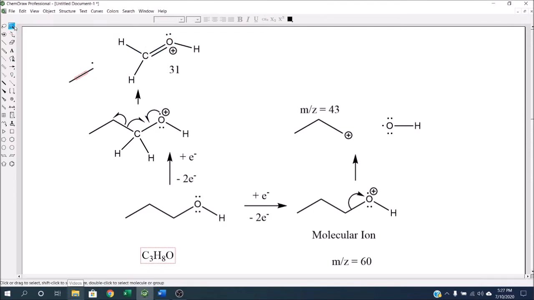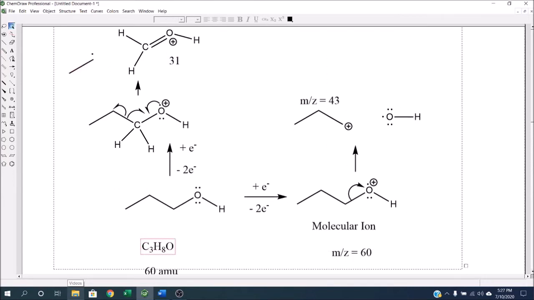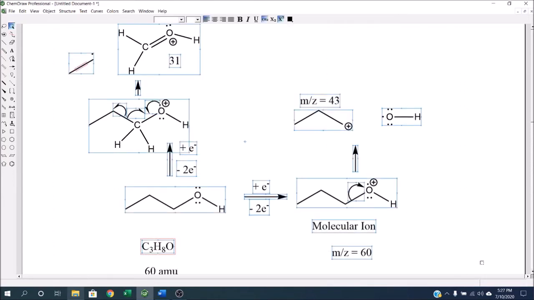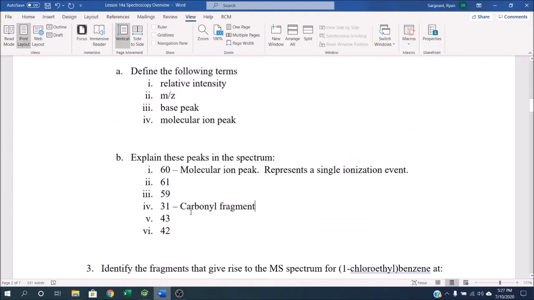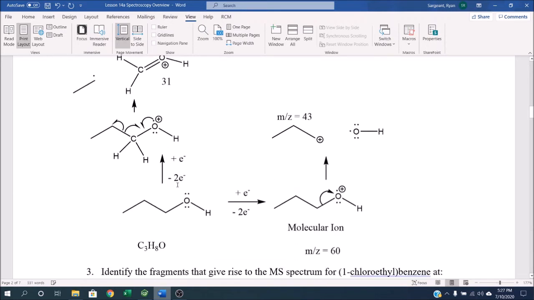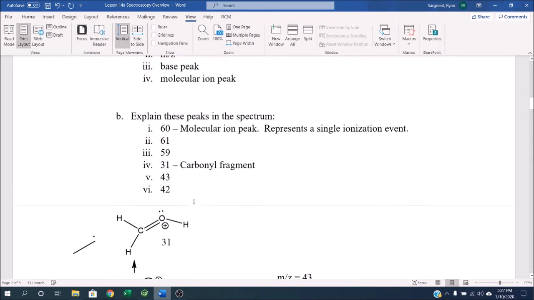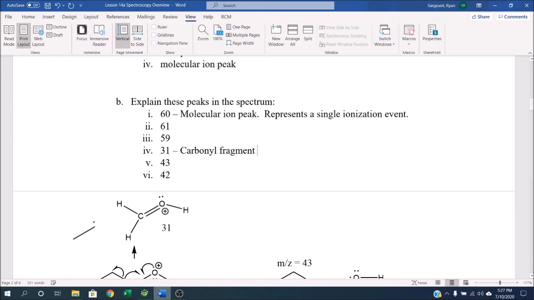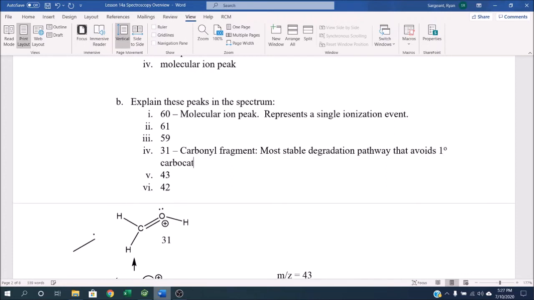In fact, I should incorporate in my answer, I should probably try to leave the mechanisms here. That's actually the best way to explain all of this. So I'm just going to dump those mechanisms right here as my explanation. The carbonyl fragment, which is the most stable degradation pathway that avoids the primary carbocation.